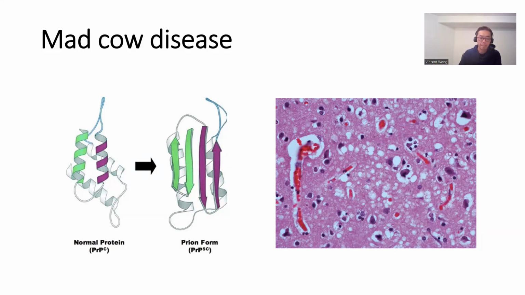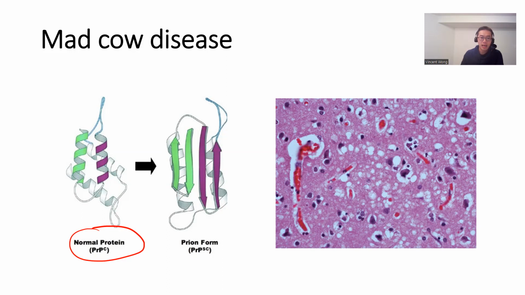So there is this protein called the scrapie prion protein, or PrPC in this case. Okay, that's the short form. That's the normal version of the protein. And you can see in this diagram that it is going to be a lot of loops, okay, a lot of alpha helix.